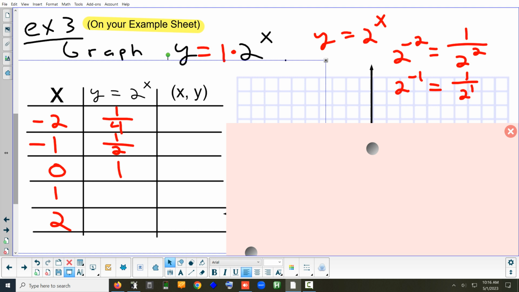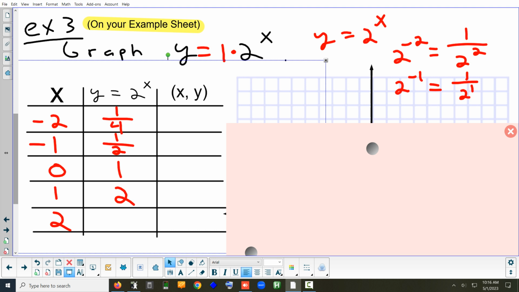Well, what's the last one we plugged in? 0. So my next one I want to plug in is 1. And if I plug 1 in for x, what's 2 to the first power? 2. So that's that one.